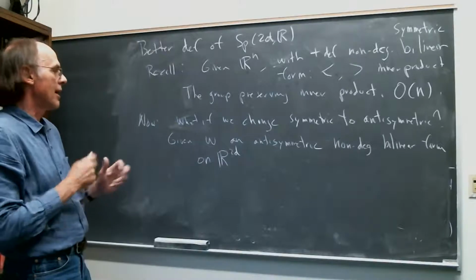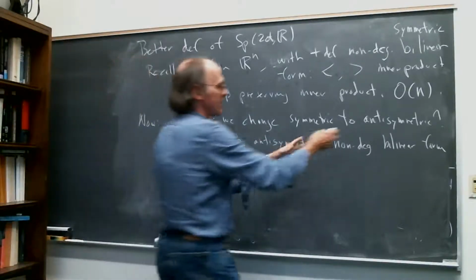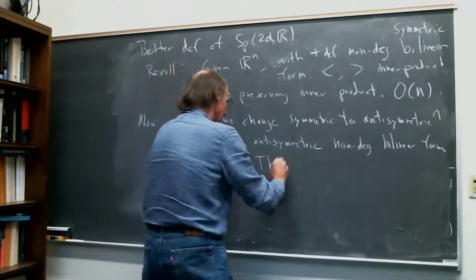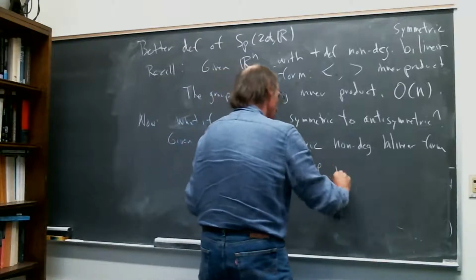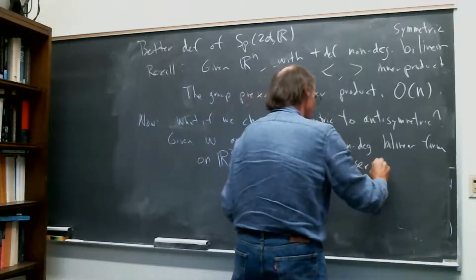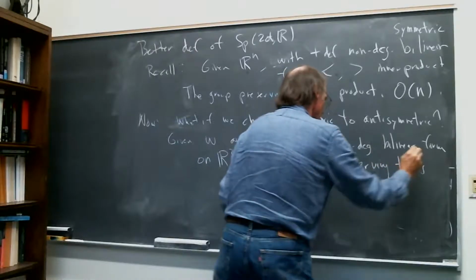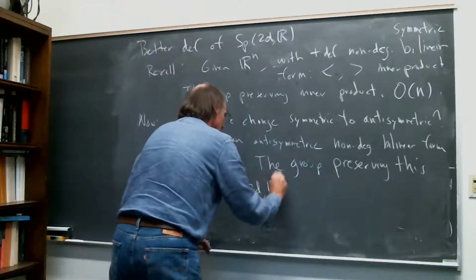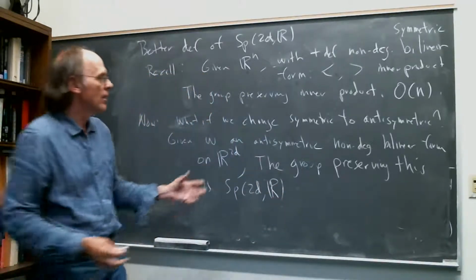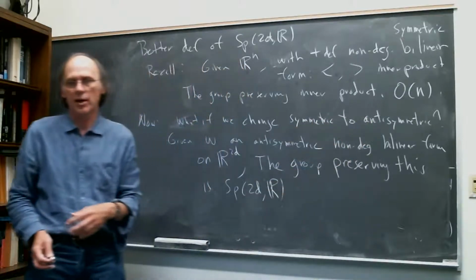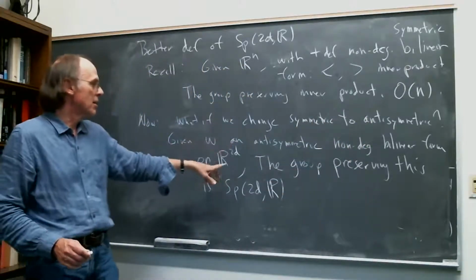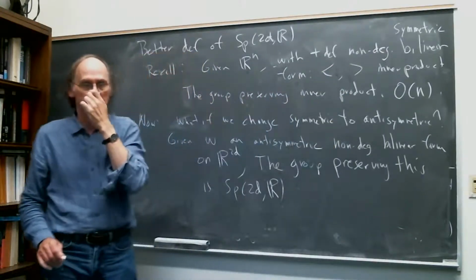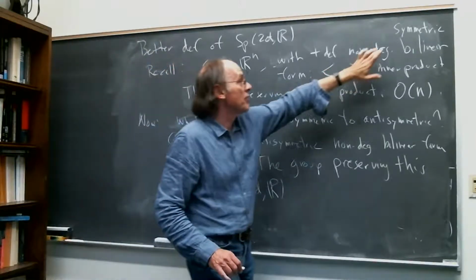You can always put such things in that standard form, and then there's a group preserving this, which is SP 2D. So there's a general geometric characterization of this group: it is the analog of the group preserving a standard symmetric bilinear form.